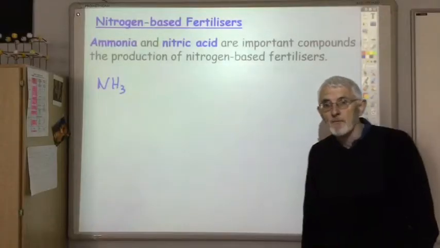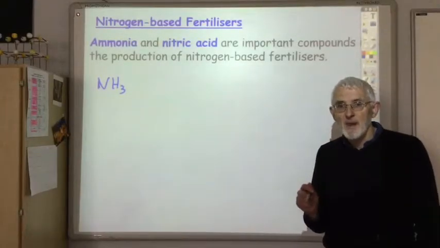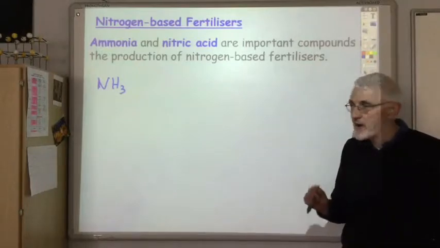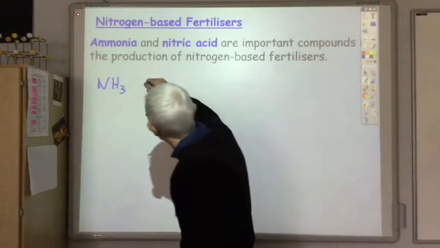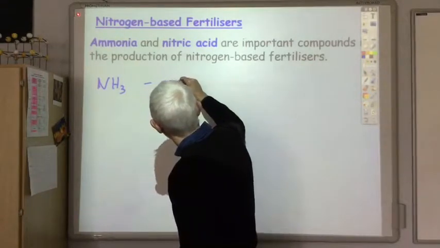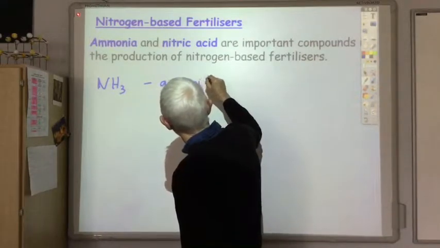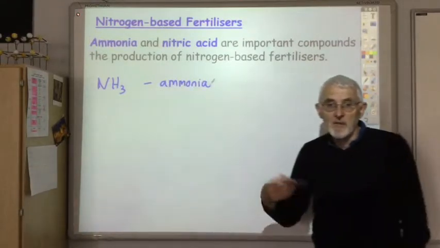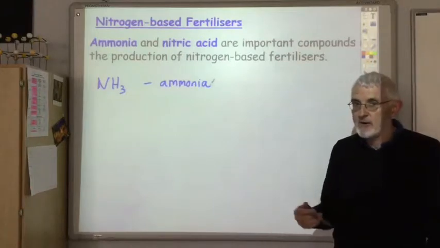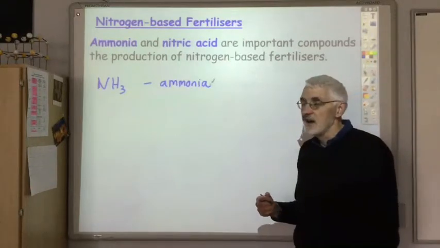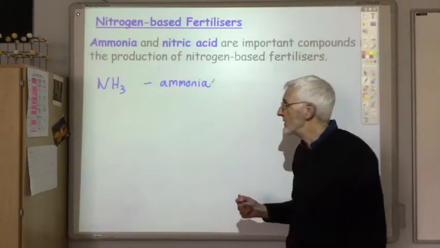So that's ammonia. Now it's important you don't mix up ammonia with ammonium. The NH3 is ammonia, and when it reacts with something else like chlorine or fluorine or hydroxide ions, you produce an ammonium salt.